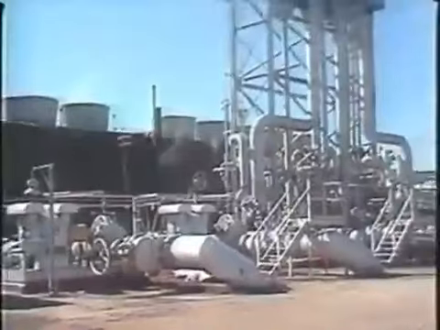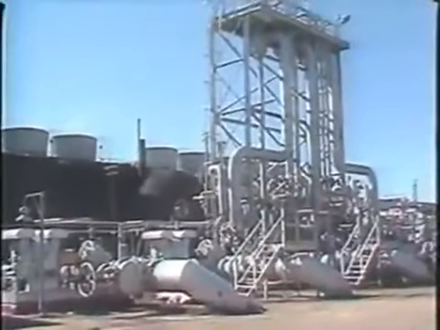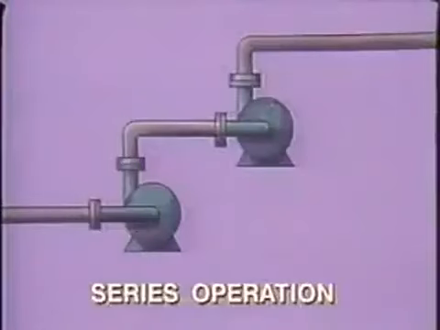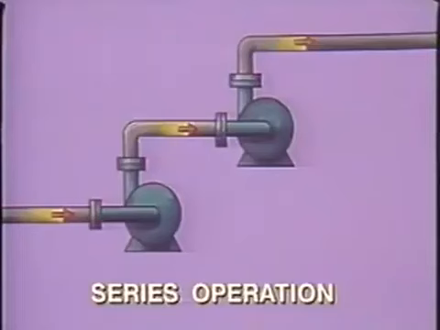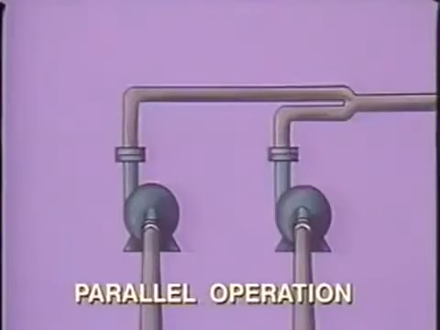In many cases, however, multiple pumps may be required. When pumps are operated in series, the discharge of the first pump provides the suction for the second. This arrangement is used to increase the pressure over that of a single pump. They may also be set up in parallel where both pumps have a common discharge. This arrangement is used when an increase in volume is required.